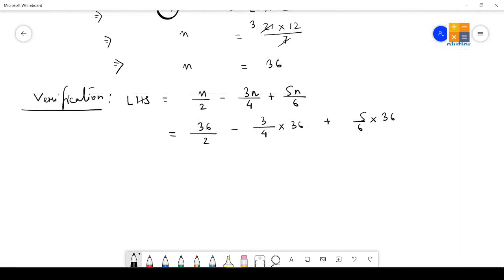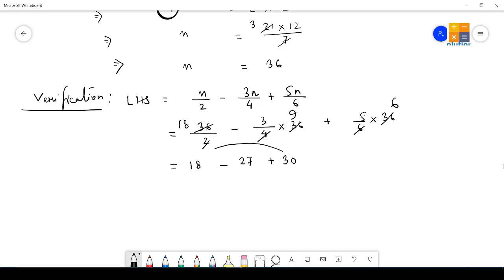Scrolling it down, after cancellation I get 2 nines are 18 in the first term. In the second case, when I perform cancellation, I get the result 9 here. Again in the third case, when I perform cancellation, the result comes as 6. So 18 minus 9 into 3, the result comes as 27, plus 5 into 6, the result will come as 30.